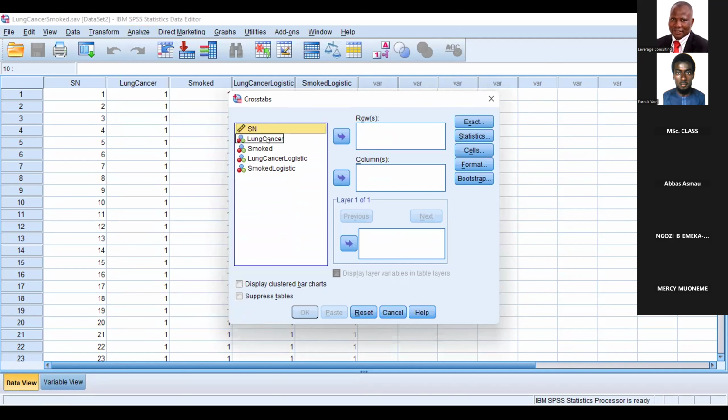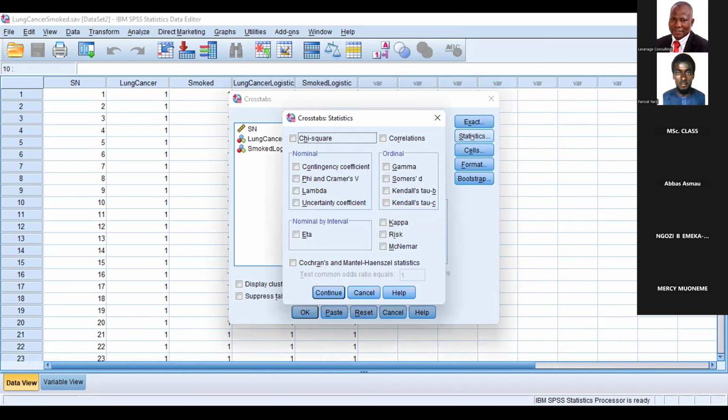So lung cancer will be along the column, smoke along the row, because smoke is the exposure. Yes, go to Statistics, Risk. Click on Risk.